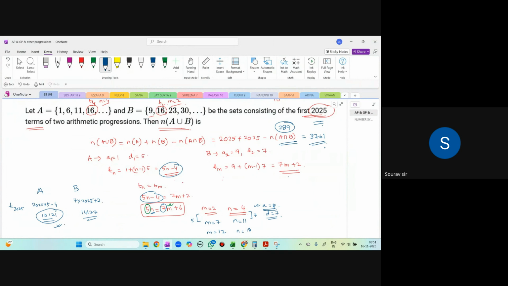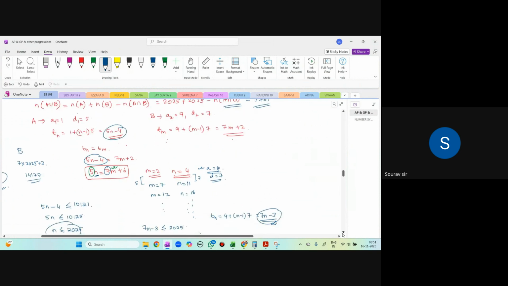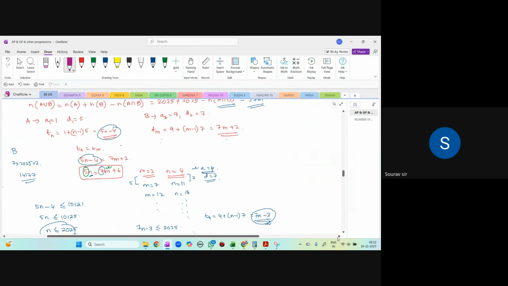So what is important here to understand is that if I have two AP series, there are two important concepts here.